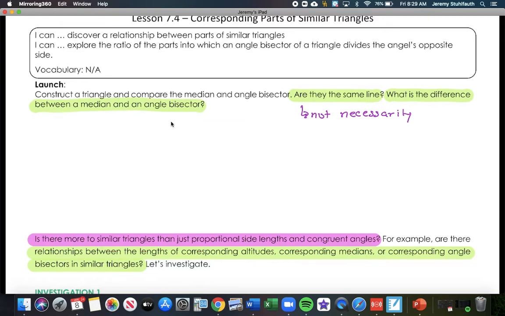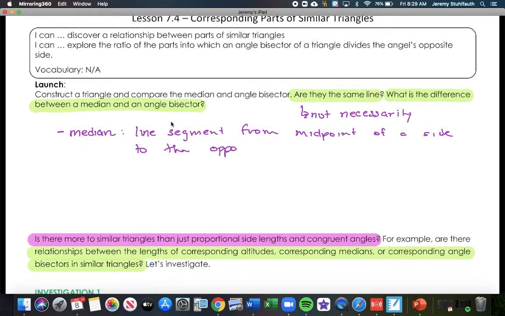And if you recall, the difference between a median and an angle bisector is that a median is a line segment from the midpoint of a side to the opposite angle.